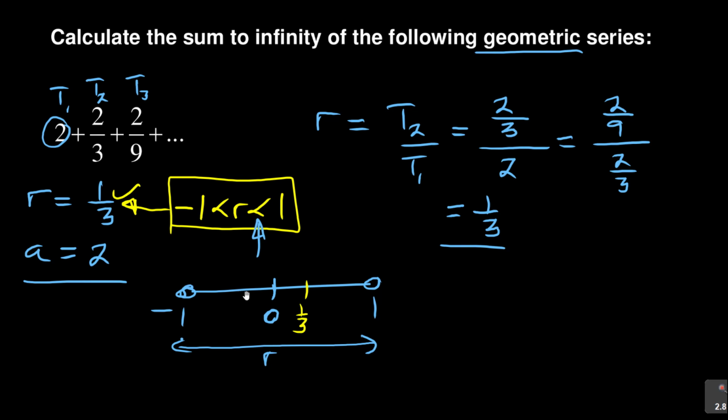Your r must not be above 1, positive or negative. It must be a fraction, for example 0 comma whatever number you have. It can be negative or positive, it doesn't matter, but you cannot have anything above 1 or below negative 1. If it's like that, then it becomes divergent.